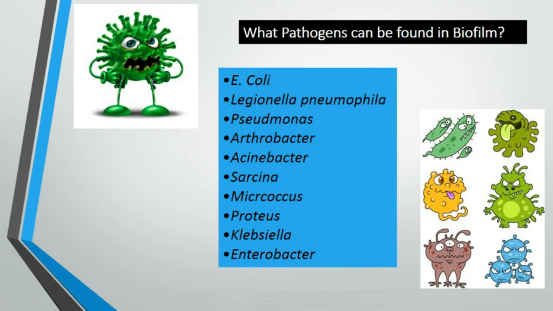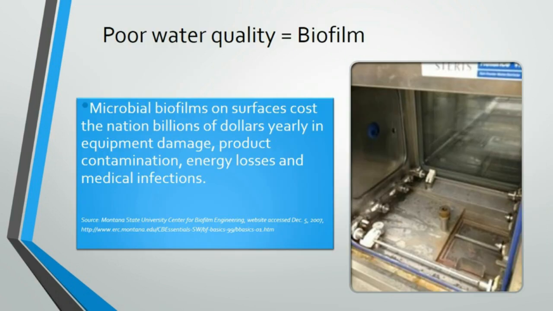And when you start getting into the gram negatives, that's really when it becomes a big thing for endoscopes. Here's another example. You may not think of it that way, but poor water quality equals biofilms. Some of the things you see inside washers really are the start of a biofilm and can have worse effects on the whole process.